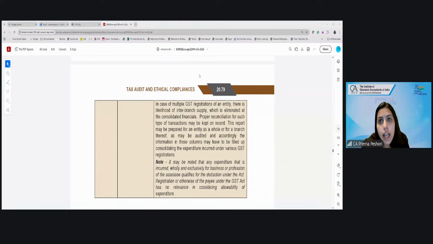61 is to be filed by the year end. Sanjay, 62, what is 62? Okay, 61B. I didn't get your question. So you are asking what is the due date of 61 and 61B.